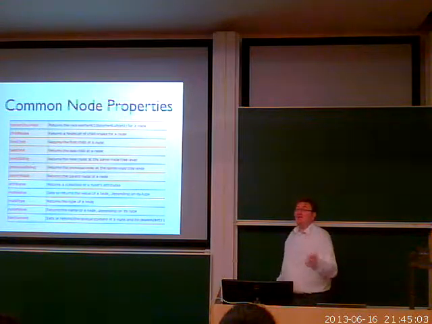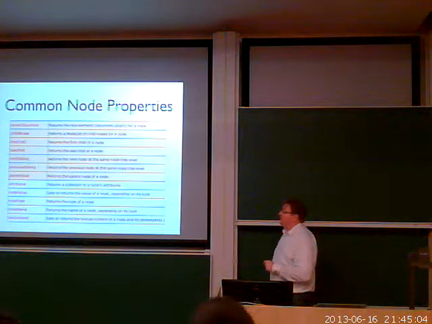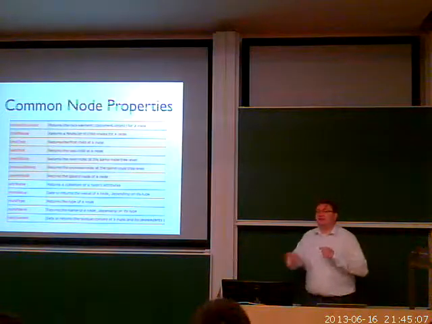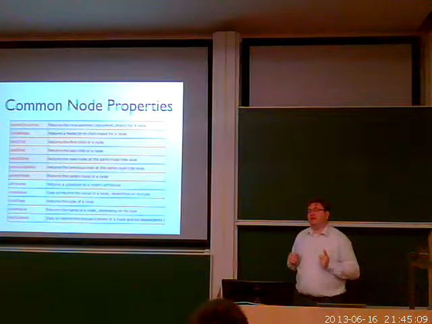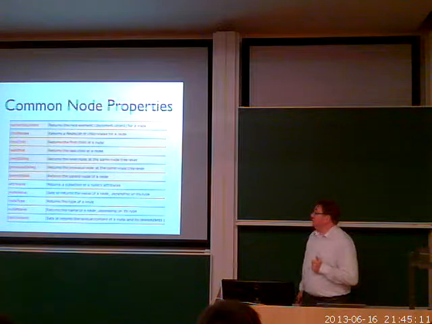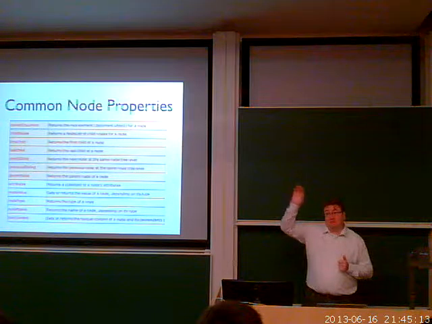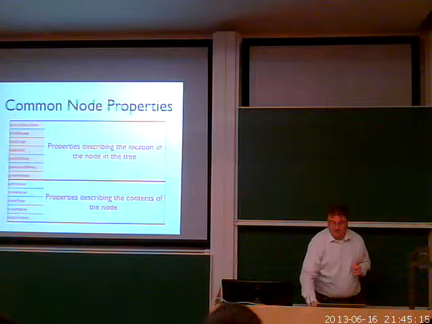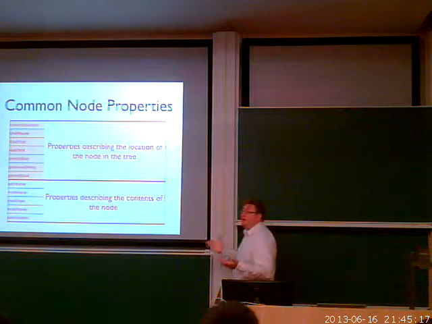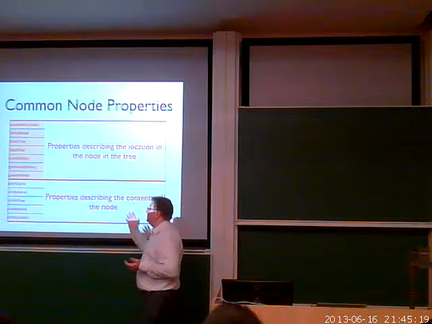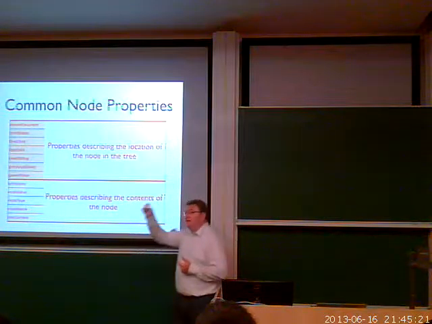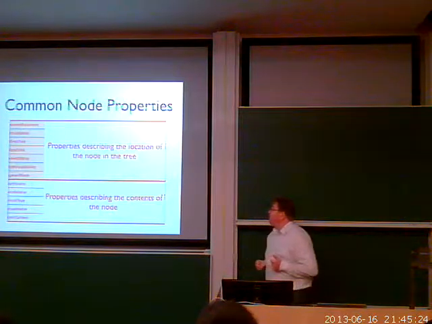You can quickly get to the first child node and the last child node. You can get to the siblings, so the nodes to the left and to the right of the current node in the DOM hierarchy, and to the parent node, so you can move up, and so on and so forth. Basically, all these properties describe the location of the current node you're looking at in the DOM hierarchy.